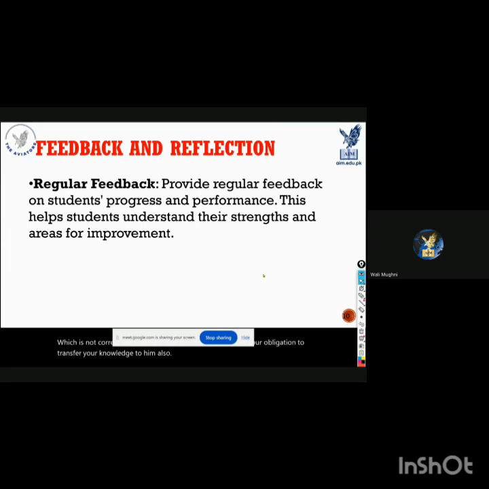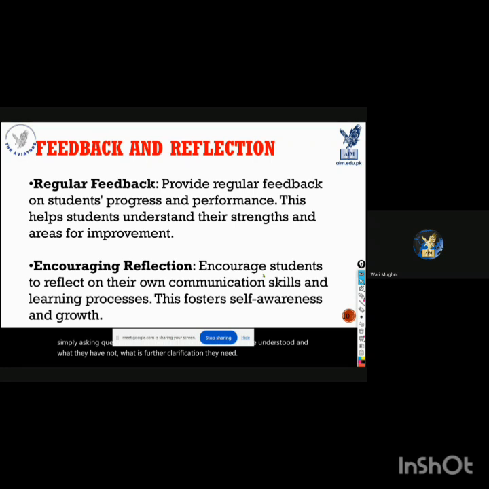We already discussed feedback, but you should always take feedback by simply asking questions or letting them tell you what they have understood and what they have not, and what further clarification they need. At the same time, try to inculcate communication skills in your students also, so they can effectively reflect what is in their mind.